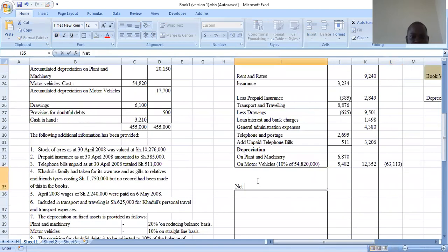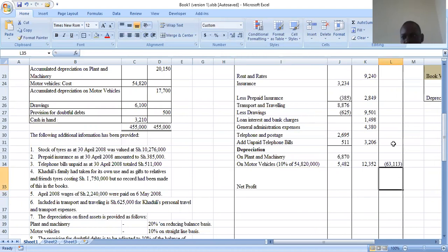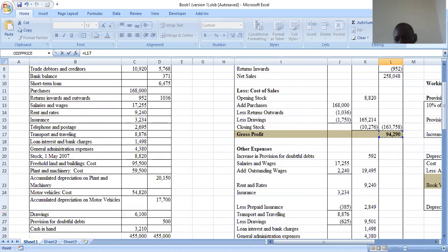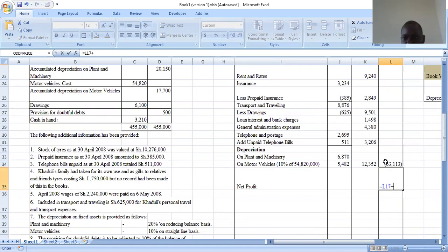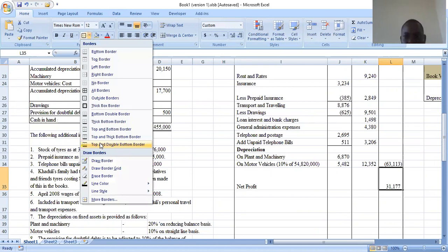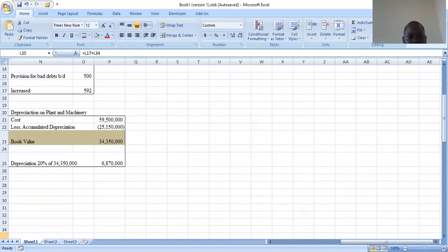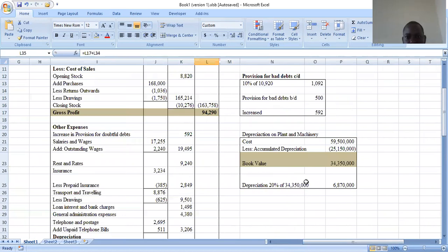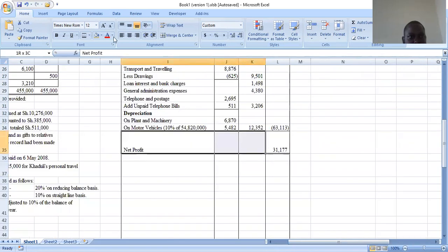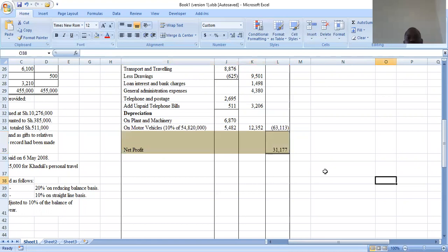So the net profit shall be equal to the gross profit, that is 94,290, minus other expenses 63,113. So that will give me the net profit. So therefore the net profit is equal to 31,177. Kila mtu tuko pamoja? Yes. Okay, sawa sawa.